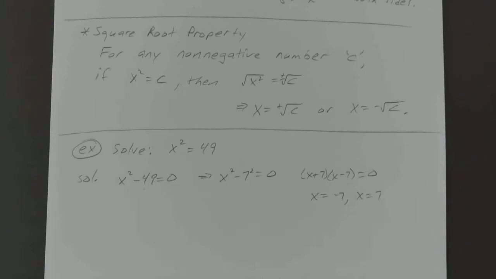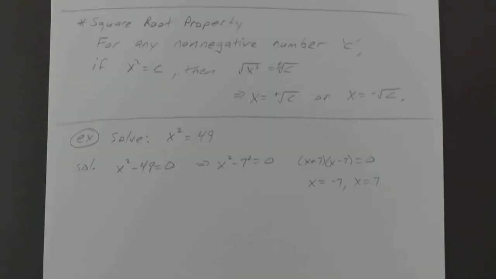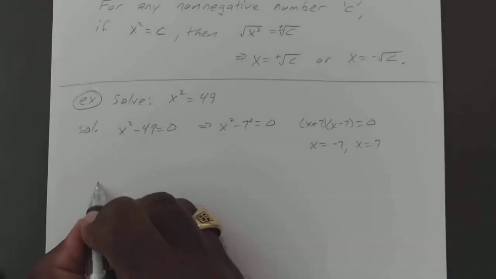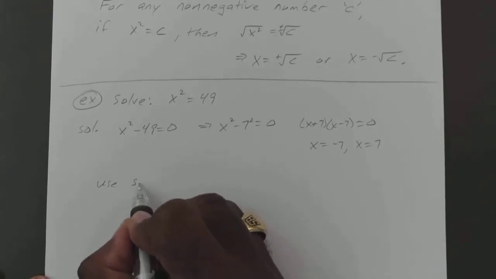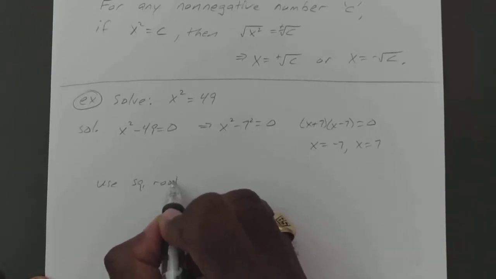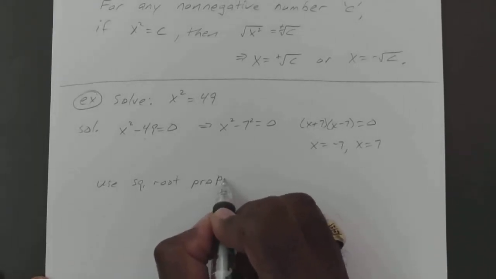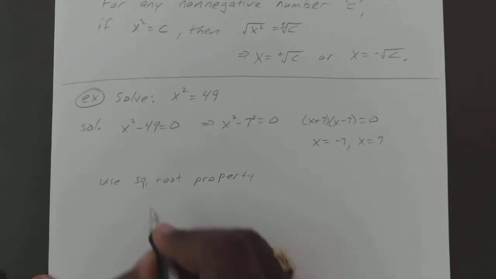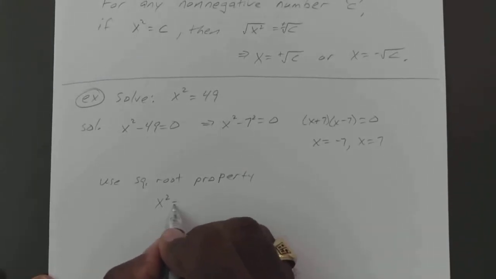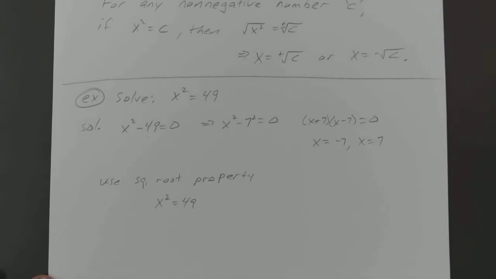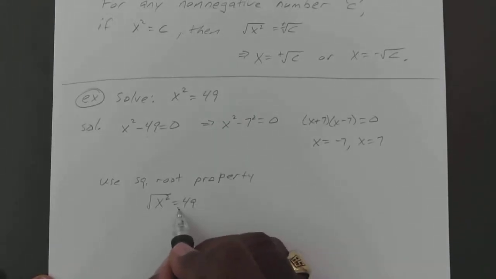But using the square root property, we don't have to go through all of that anymore. So if you use the square root property, we have x squared equals 49. We just square root both sides.